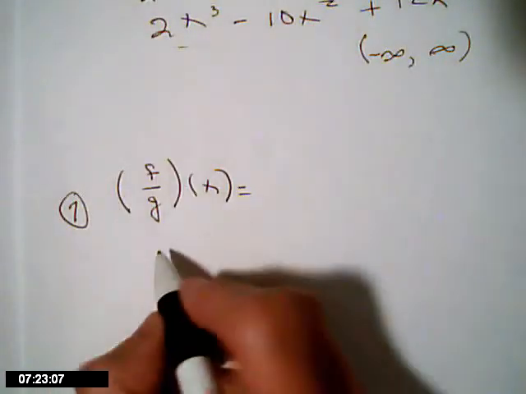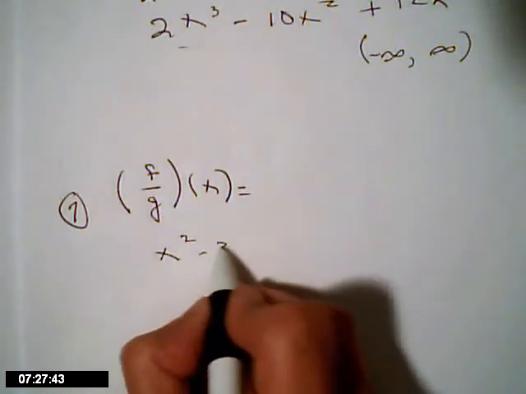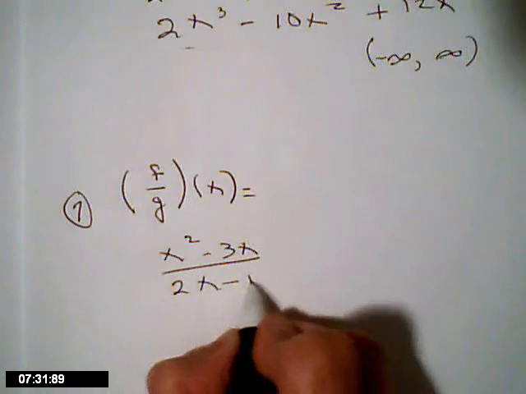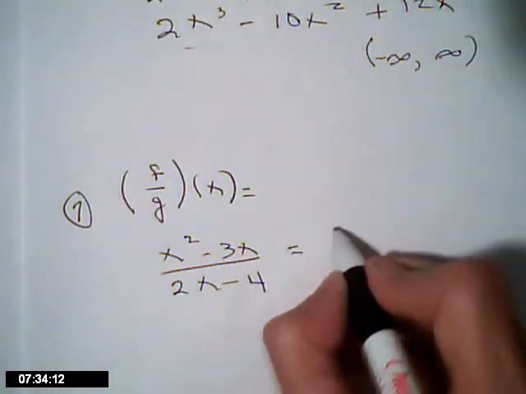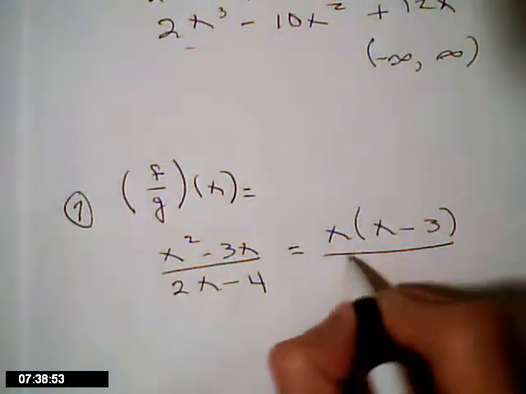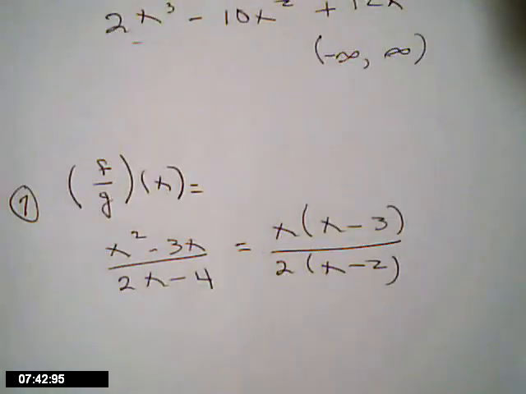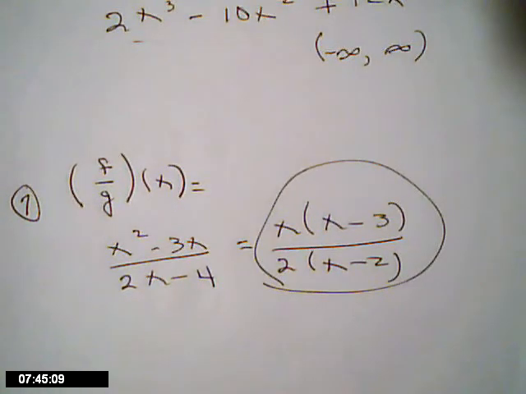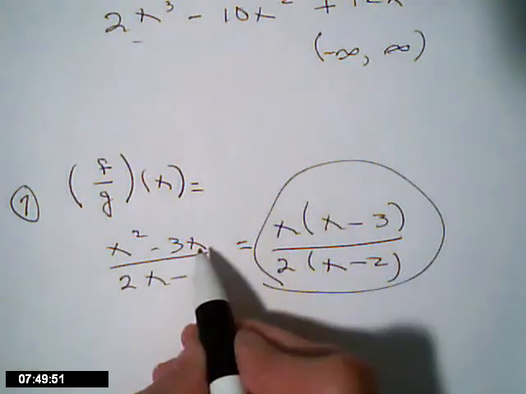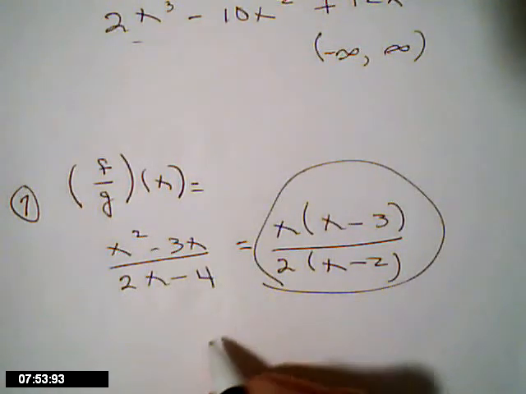This, of course, means to divide. We'll have f on top, which is x squared minus 3x, g in the denominator, which is 2x minus 4. I am going to take out a common factor just to be sure that nothing will divide. And as you notice, nothing will divide in that. So this is my answer. But now I do have a fraction. And to find the domain of a fraction, this goes back to section 1.2.